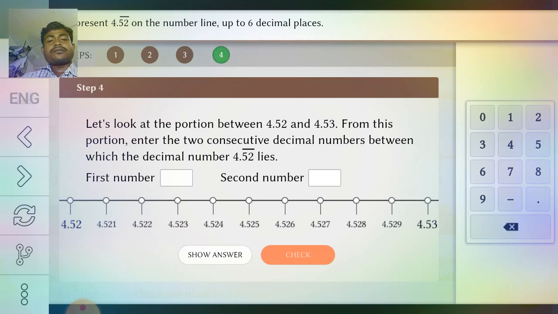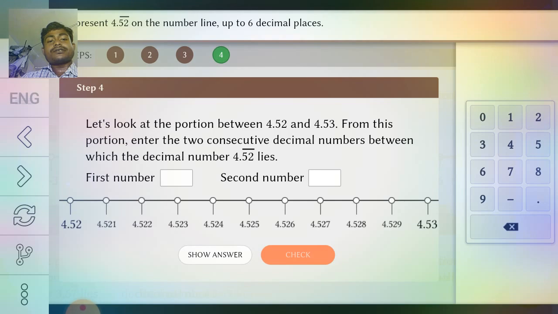Step 4. Let's look at the portion between 4.52 and 4.53. From this portion, enter the two consecutive decimal numbers between which the decimal number 4.52 bar lies.